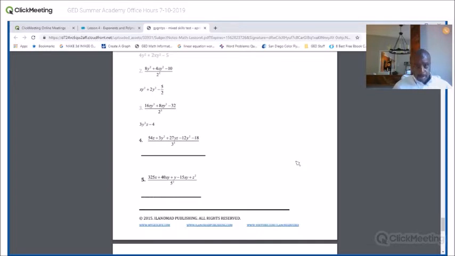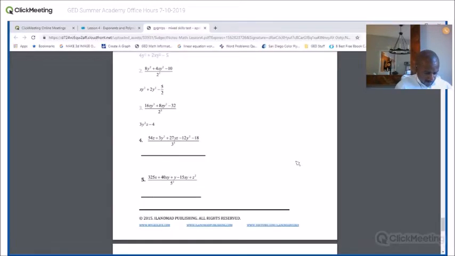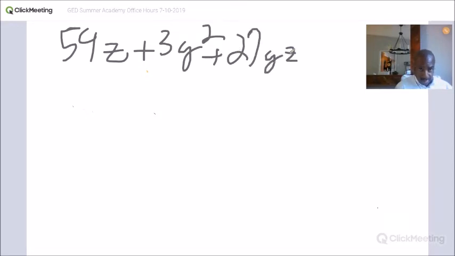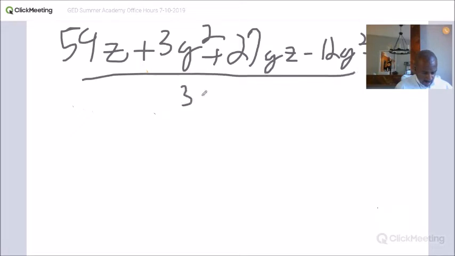So this is one of these ones that we are simplifying. I think I understand what you're saying now. So let me rewrite it on the board. We're going to have 54z plus 3y squared plus 27yz minus 12y squared minus 18 all over 3 squared.